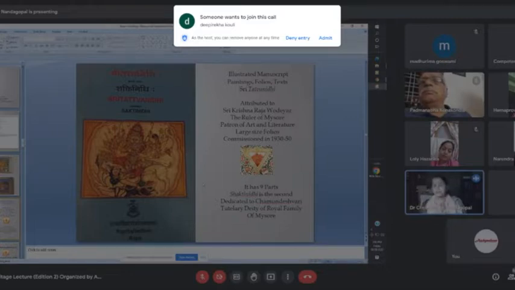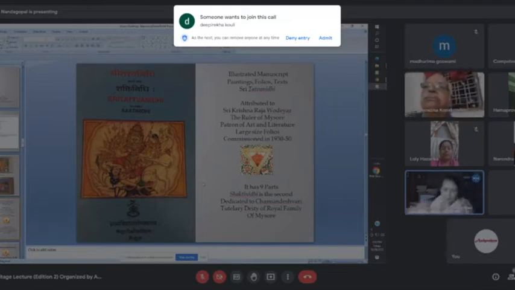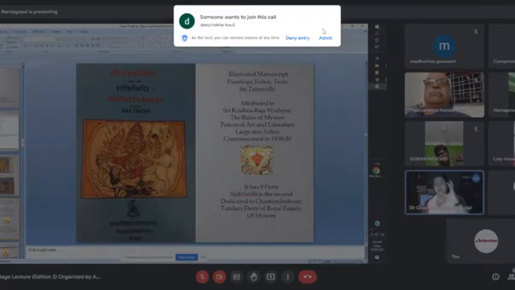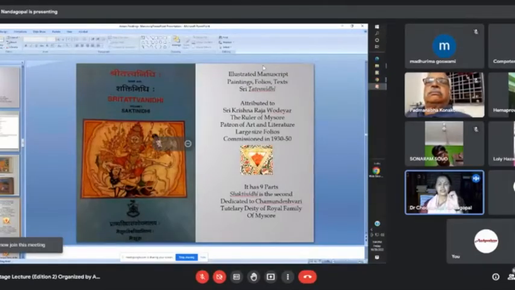We don't find such large size paintings illustrated with the text written in such a way. Only these two examples we have. So there are 9 parts in Sri Tattva. Among them, this is the Shakti Nidhi. I am showing you the Shakti Nidhi, and this is dedicated to Chamundeshwari, who is the tutelary deity of the Mysore royal family even now.